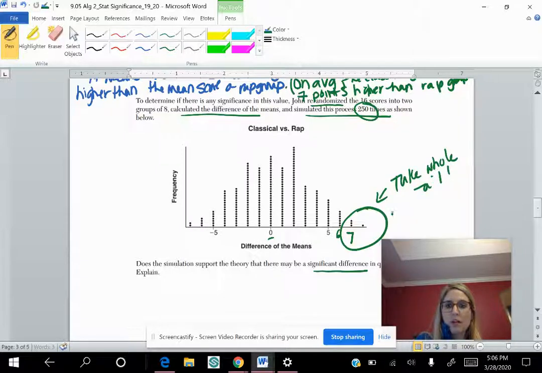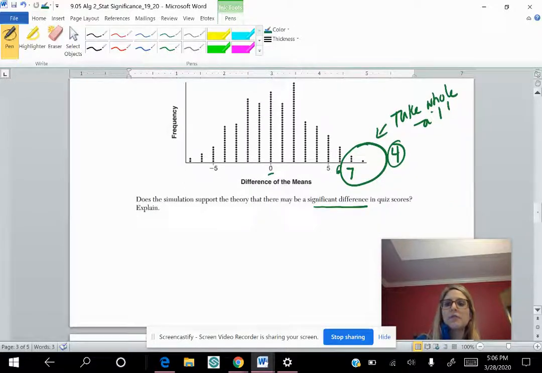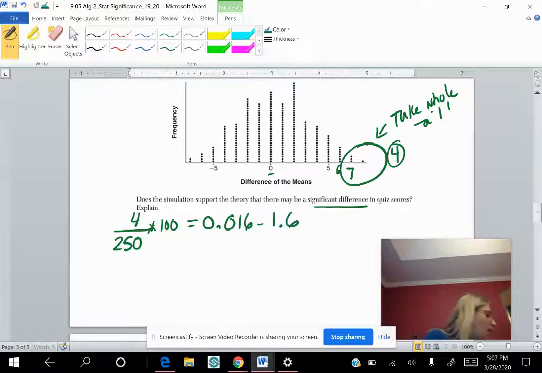There are 4 dots in there. So 4 times out of our 250 times, we got a difference of 7 or more. So do 4 divided by 250, multiply that by 100 to find our percent, and it gives us 0.016, which is 1.6%.